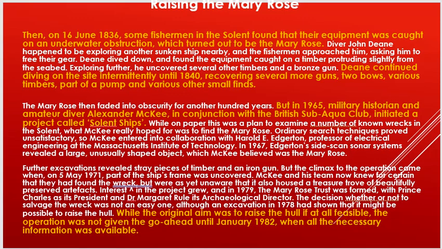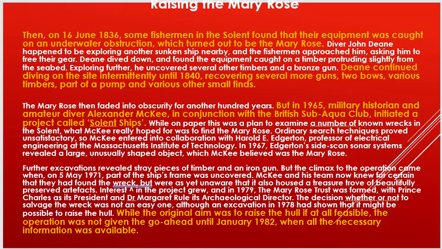Then what happened? This person continued diving on the site intermittently until 1840. So till this year 1840, this one person called Dean continued to intermittently dive. In the process of this, what did he find? He recovered several more guns, 2 bows, various timbers, part of a pump, and various other small finds.